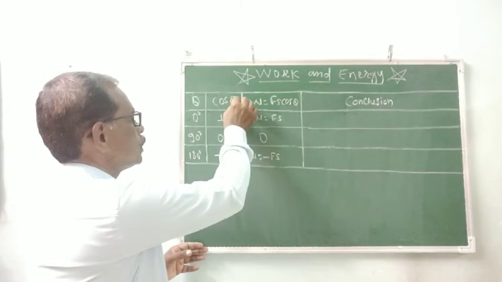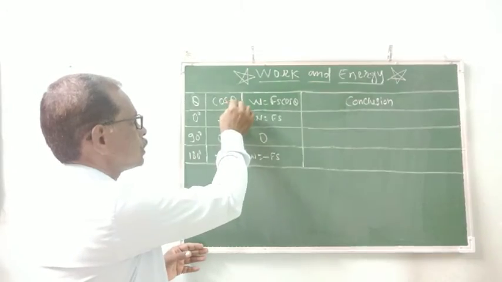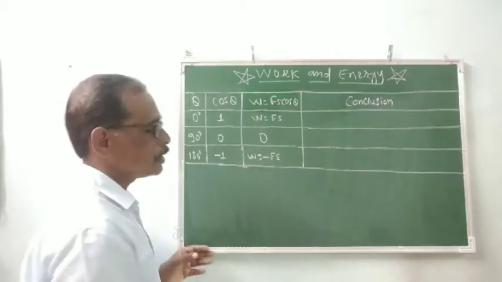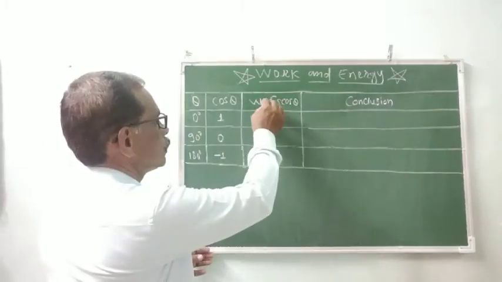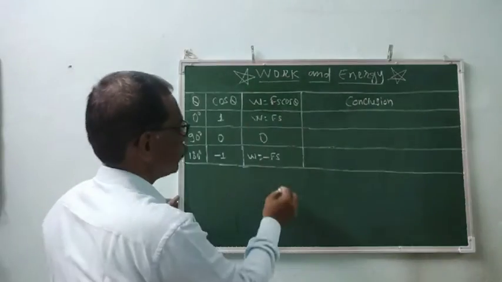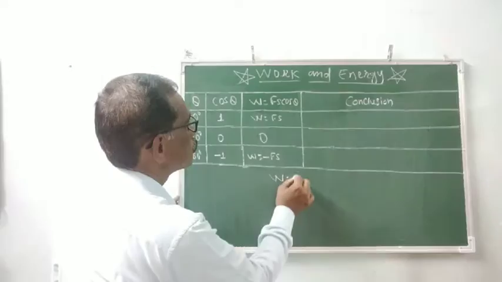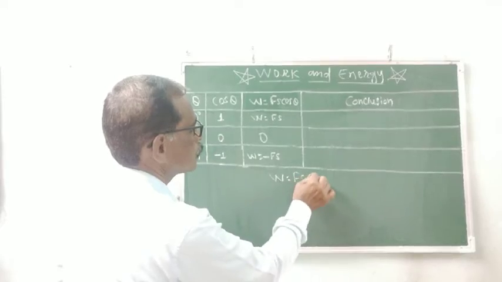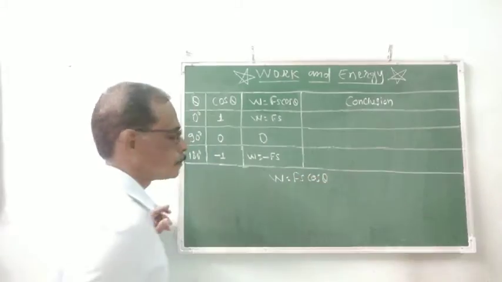So the value of cos 0 is 1, and in this condition we will get the value of work done, that is Fs. See here, we have the formula W equal to Fs cos theta.